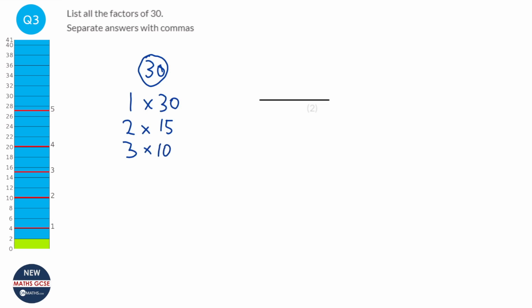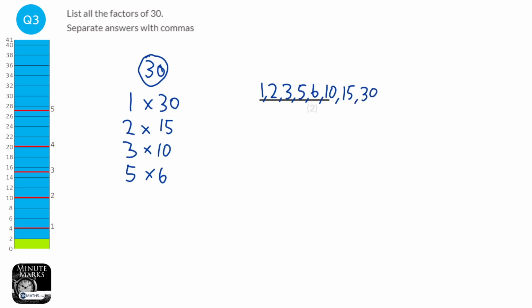Now 4 doesn't go because 30 is not in the 4 times table. 5 times 6, and we notice that if we pick 6, it's just going to be 6 times 5, just going to be the opposite. So the factors are all the numbers that we've just written down, so it would be 1, 2, 3, 5, 6, 10, 15 and 30.